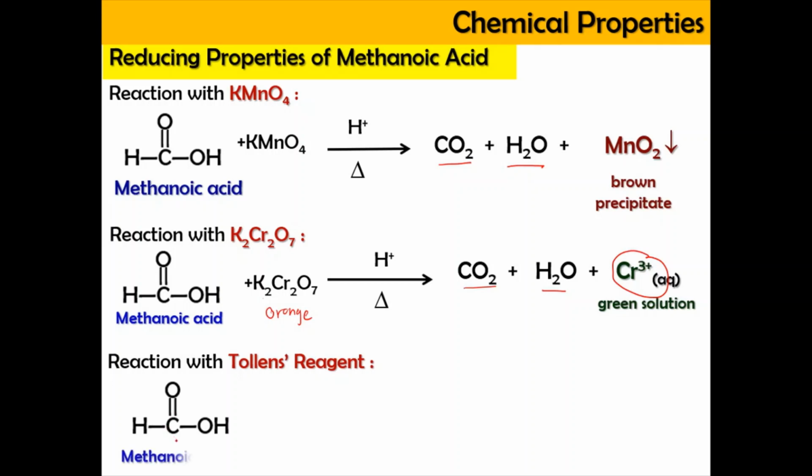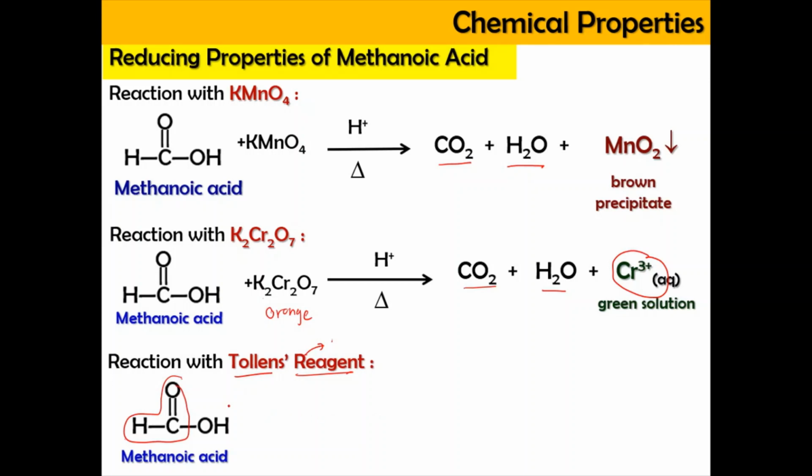At the same time, methanoic acid shows its aldehyde properties when it reacts with Tollens reagent, because you know that Tollens reagent is used to distinguish between aldehydes and ketones or any other organic compound. So when there is an aldehyde, it's going to give a positive result.